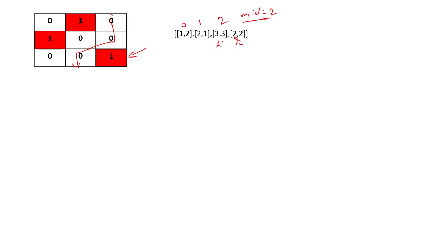Mid is 2 in this case, and when mid is 2, we can still travel. It means our number of days will be mid plus 1. Why am I doing plus 1? Because this is 0-based indexing, and this is actually day 1, this is day 2, this is day 3. That is why I'm doing mid plus 1. So now the days is stored as 3.